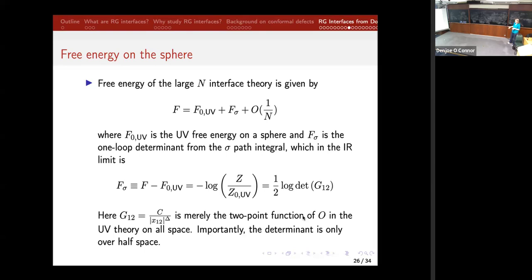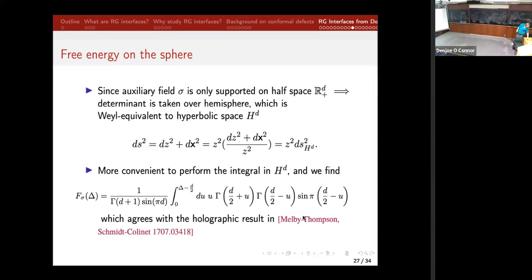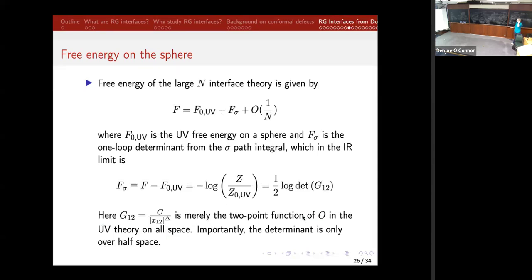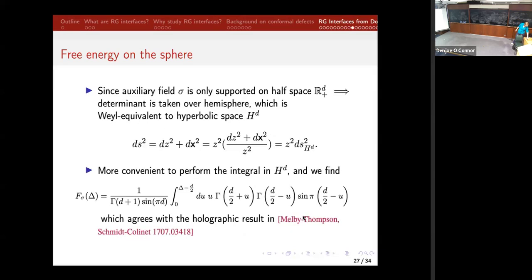The determinant is only over half space, so we can compute this in the usual way, by decomposing in terms of eigenfunctions of the Laplacian. But what we found easier than doing this on the sphere was that because the auxiliary field is only supported on half space, the determinant is taken over the hemisphere, which is Weyl equivalent to hyperbolic space.